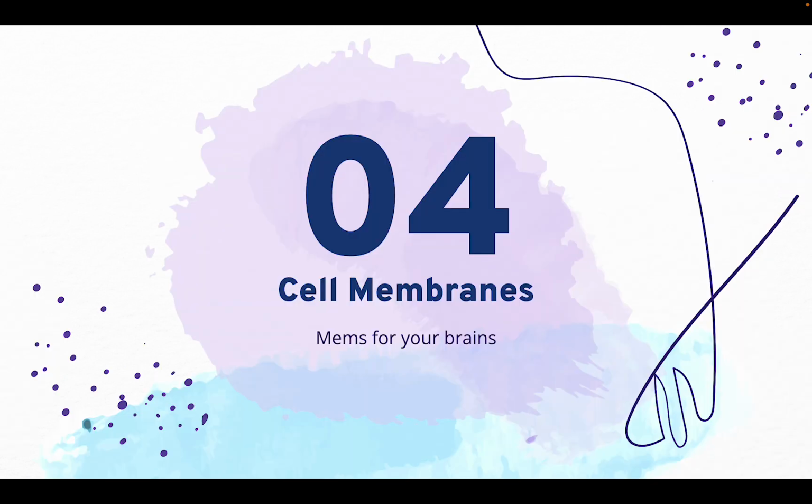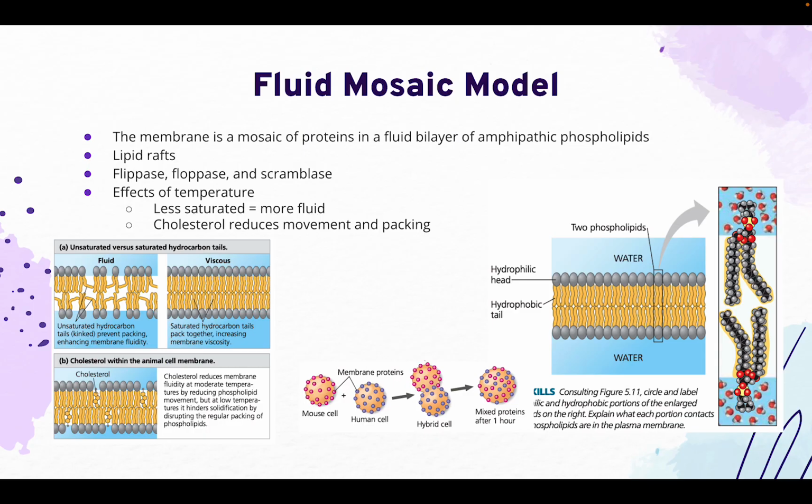All right, so this is the last section, where we're going to talk about cell membranes a bit. We've got this thing called the fluid mosaic model, and it basically states that the plasma membrane is a mosaic of proteins in a fluid bilayer of amphipathic phospholipids. We can break each part down.